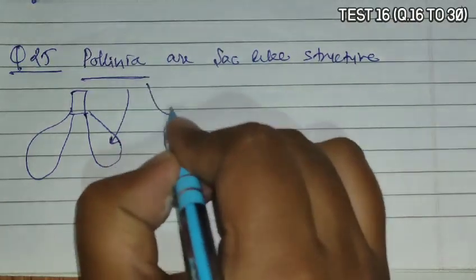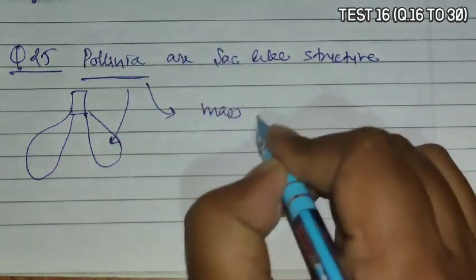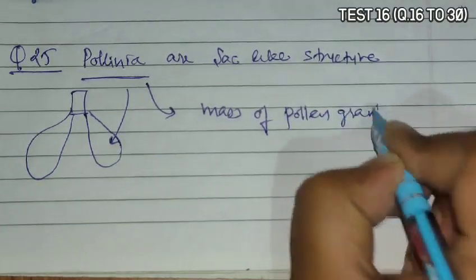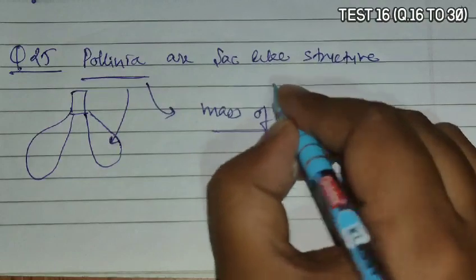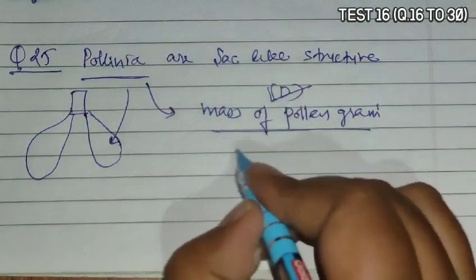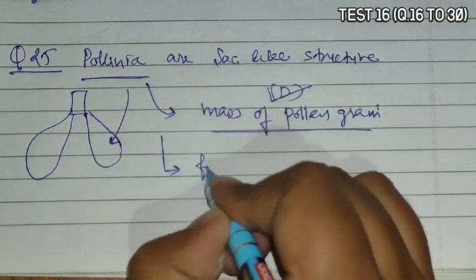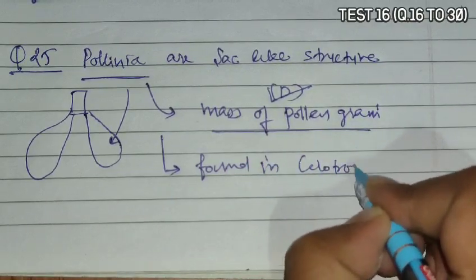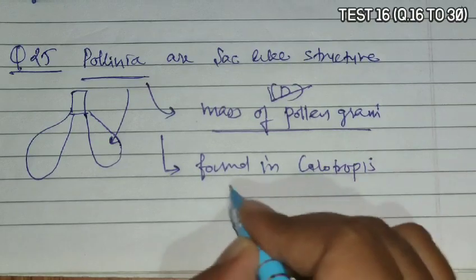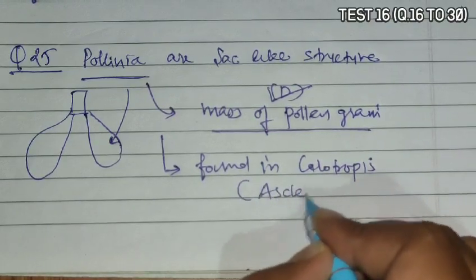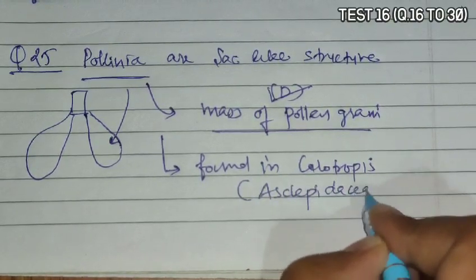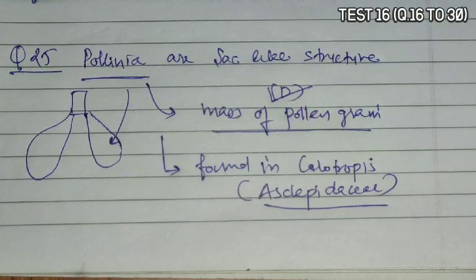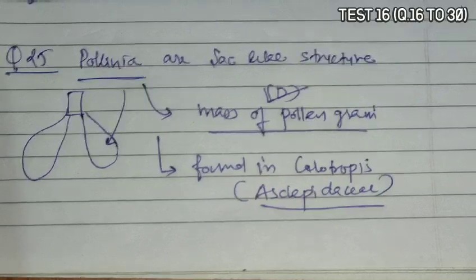Now these pollinia have a mass of pollen grains, so option D becomes the correct answer. These pollinia are found in, for example, Calotropis, family Asclepiadaceae. So a mass of pollen grains is present in it, that is the correct answer. Option D is the correct answer.